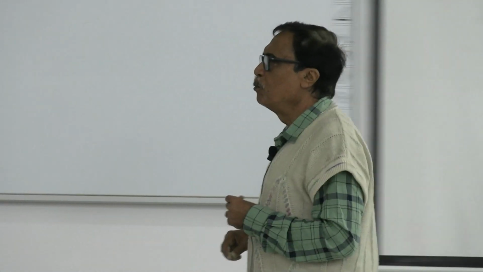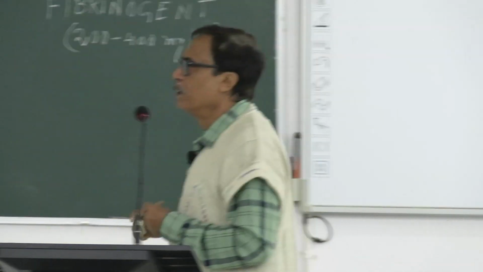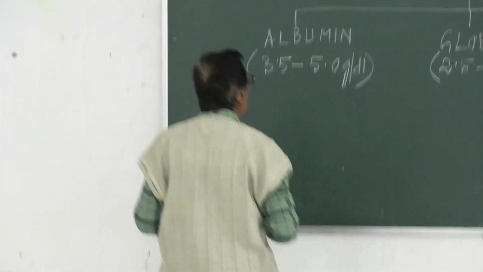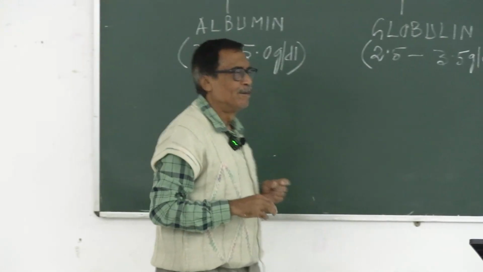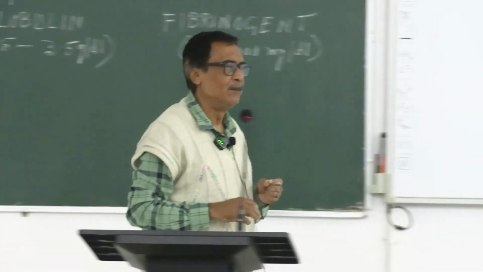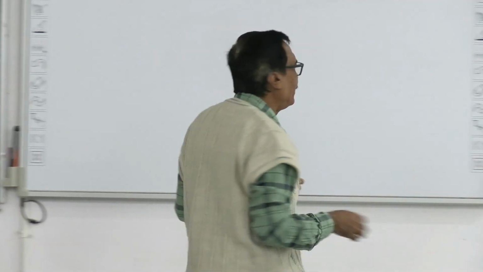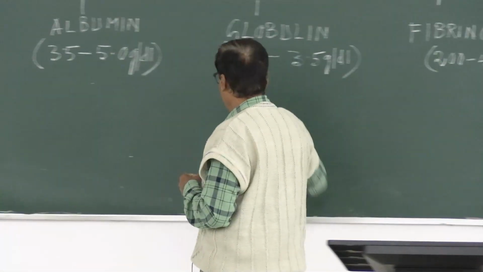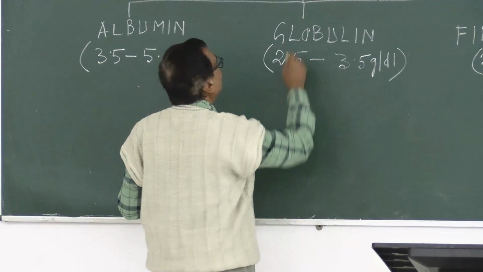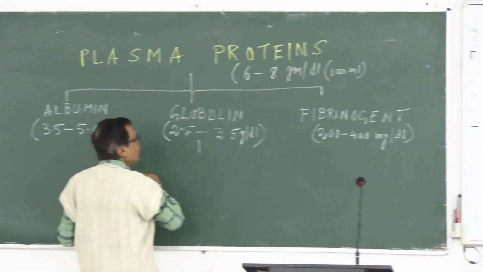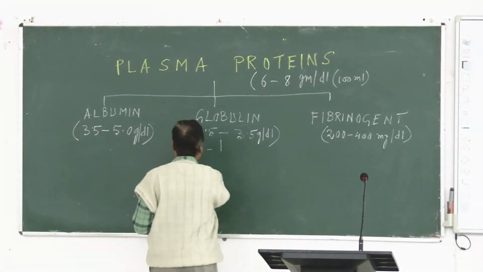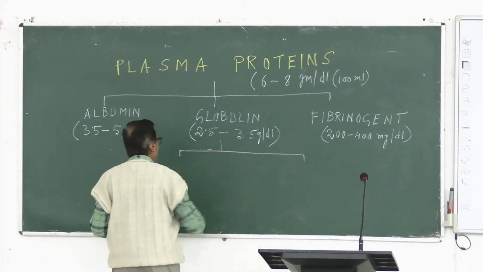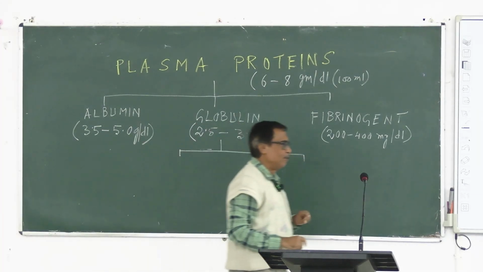Albumin, major protein, next globulin, next fibrinogen. Albumin is the prominent protein and major functions are performed by albumin. What are the functions of albumin? I will describe that. First I am finishing the classification, and next I will describe albumin.